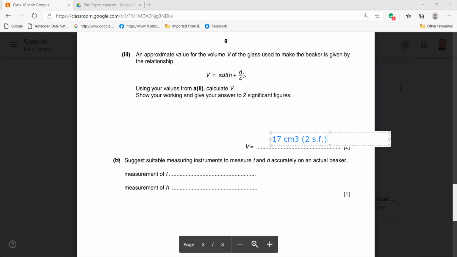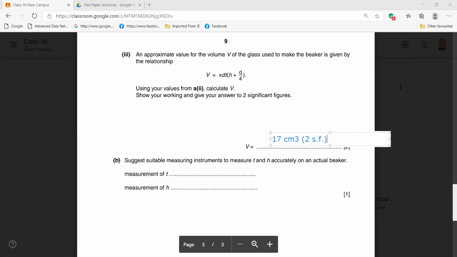Look, B. What is the answer of B? Just suitable measurements. For thickness, you can use a vernier caliper. And height, you can use a ruler or a scale. Not measuring tape, only ruler or scale.